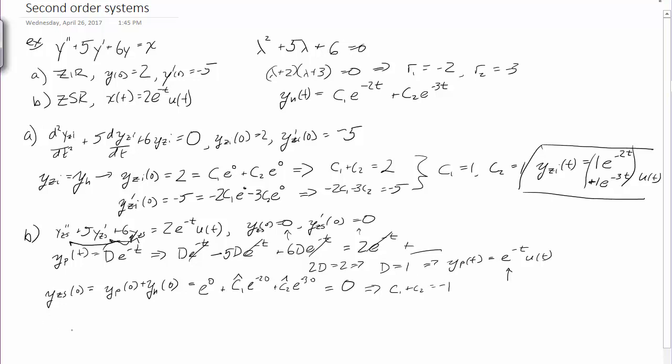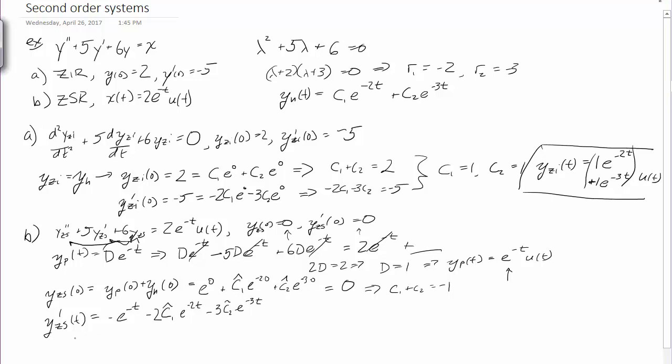That's one equation but two unknowns, so we have to now take the zero state solution and differentiate it. And that'll be minus e to the minus t, that's the derivative of the particular, minus 2c1 hat e to the minus 2t, minus 3c2 hat e to the minus 3t.